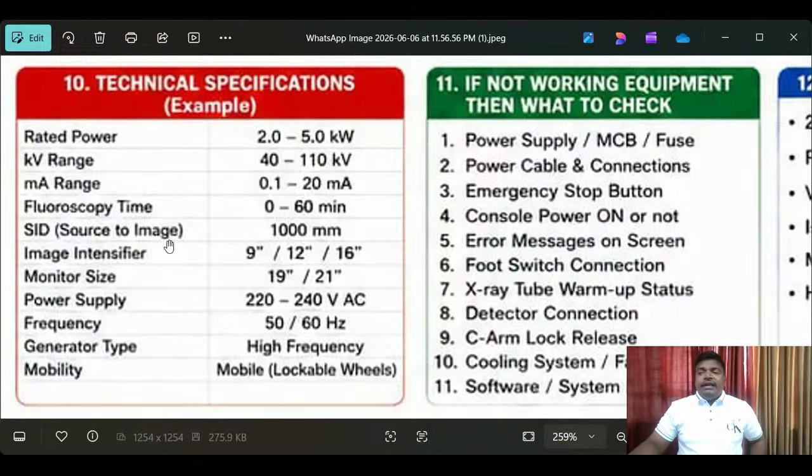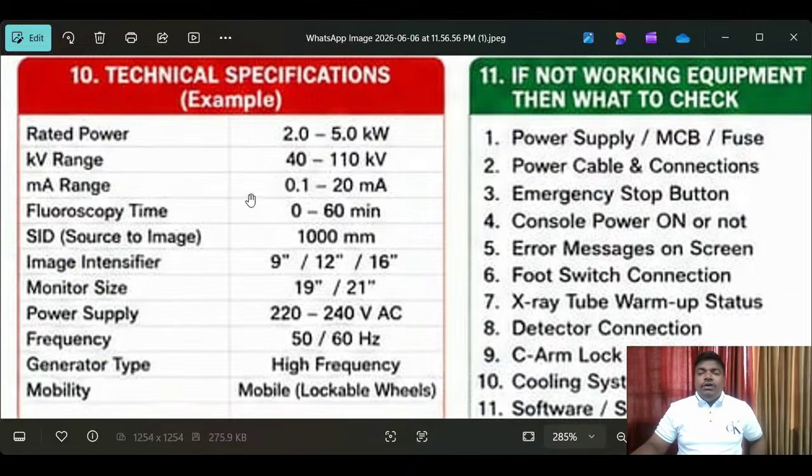Now here, technical specifications, what are they? I'm going to zoom this so it is visible to you. Technical specifications: rated power 2.0 to 5.0 kW, kV range 40 to 110 kV, mA range 0.1 to 20 mA. Fluoroscopy time 0 to 60 minutes, which means 1 hour.